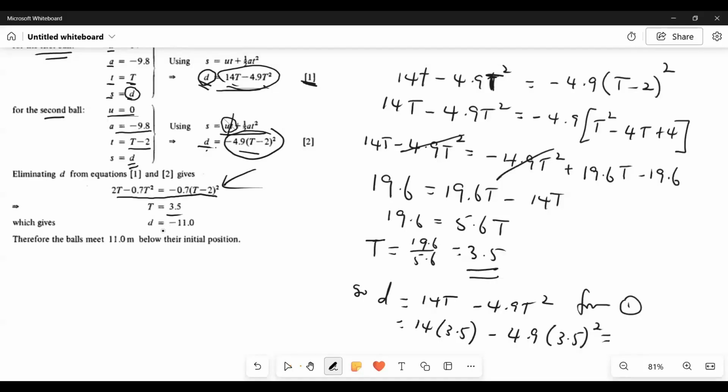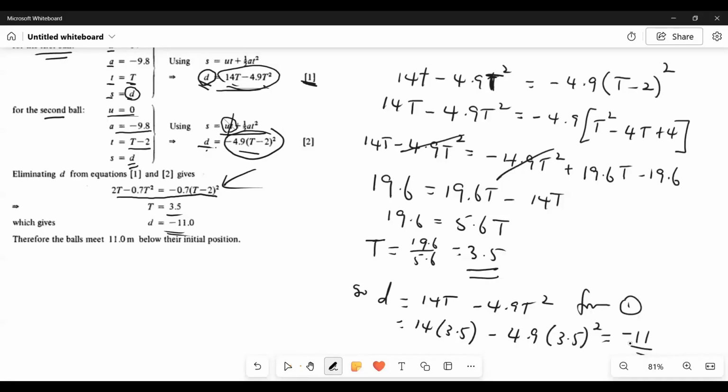And it should work out to give you minus 11. Now, how do we interpret this minus 11 here? Remember, we said that up is positive and down is negative.